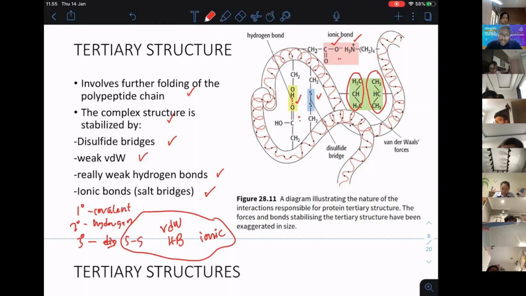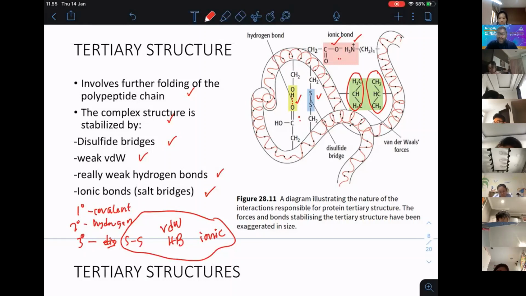So imagine that this is a protein, a more complex protein. That's the reason why, as you may have learned in bio, when you have higher temperature or extreme conditions of pH, your enzyme will become denatured. The bonds will be broken. So what kind of bonds are being broken?